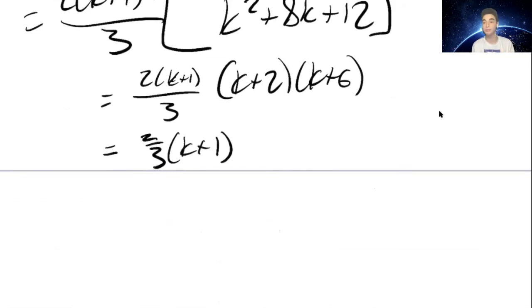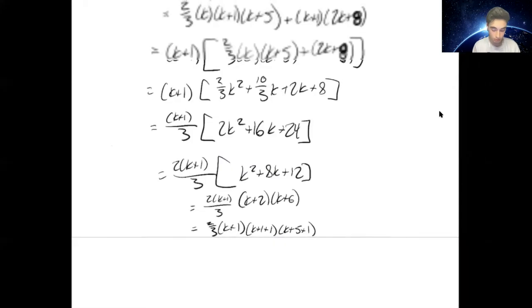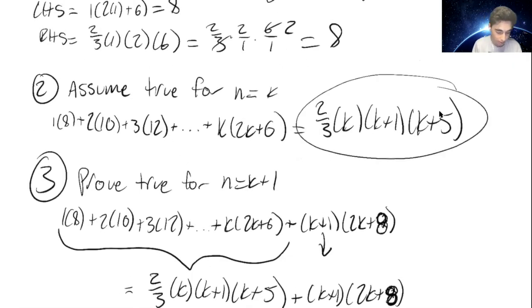Then times, what is k plus 2 really? K plus 2 is hiding k plus 1 plus 1. And then what's k plus 6? That is hiding k plus 5 plus 1. And this is equal to your right-hand side up here.